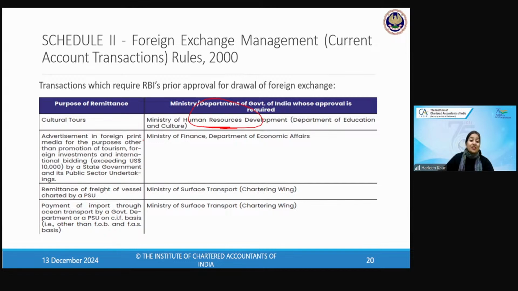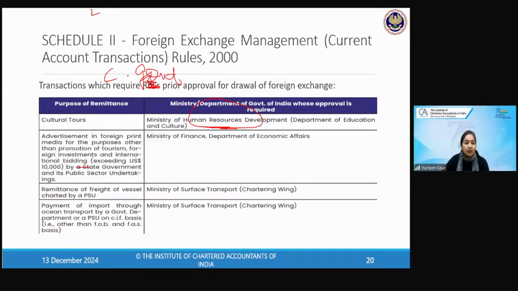Now, the second point is very, very interesting because this point within itself has many, many points. Okay. So this is not RBI's approval. These are the transactions where the central government's approval is required. The central government's approval is required for the withdrawal of foreign exchange. Even if it is $1, there is no limit. Any amount you're paying for foreign exchange, you need the approval of these departments.